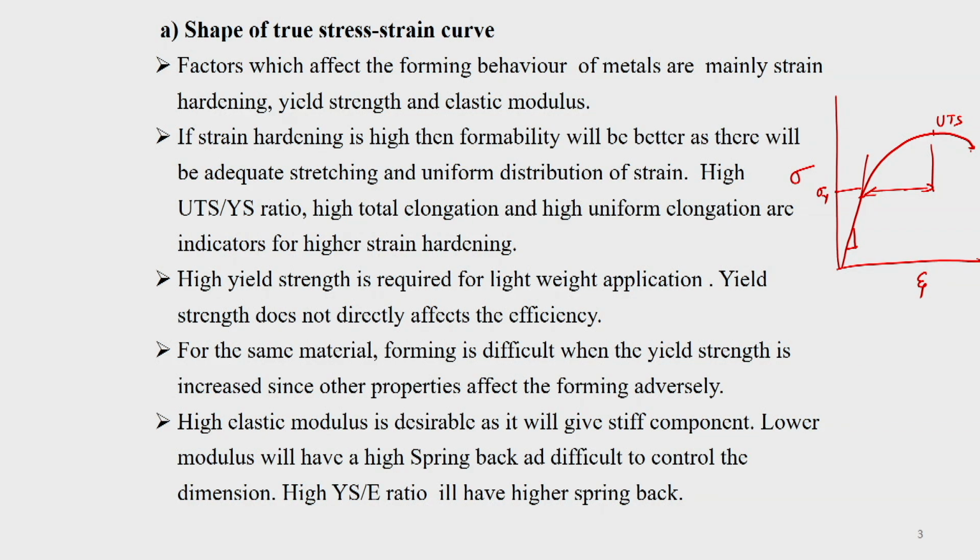Because with a lighter material, for a specific output you need only a very small weight of the material, that means the efficiency can be increased. That is why high yield strength material is required, and for the same material, forming is difficult when the yield strength is increased.